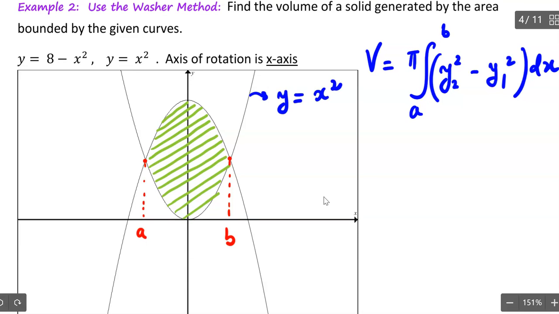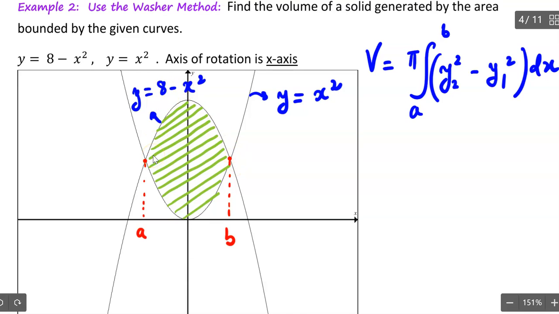The one that opens down is y equal to a minus x squared, because the coefficient in front of the x squared is a negative value. So this one opens down.